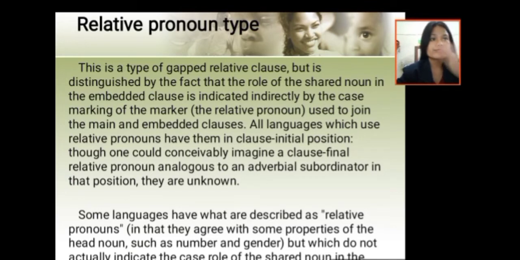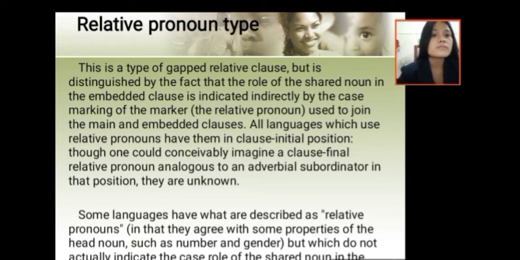Relative pronoun type. This is a type of gapped relative clause, but is distinguished by the fact that the role of the shared noun in the embedded clause is indicated by the case marking of the marker, or the relative pronoun, used to join the main and embedded clauses. Languages which use relative pronouns have them in clause-initial position.